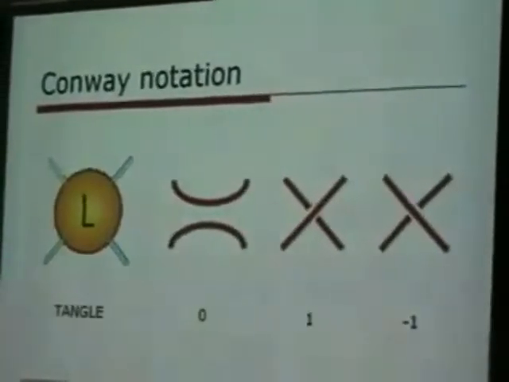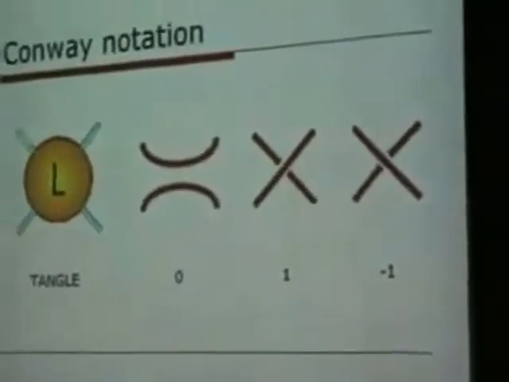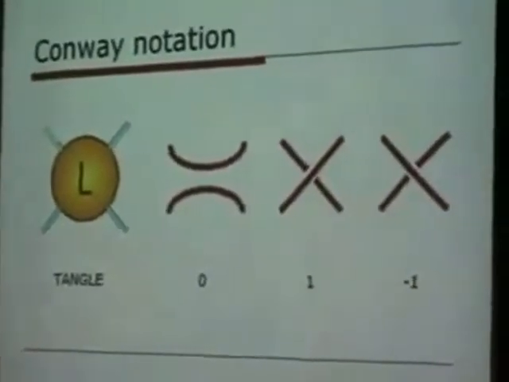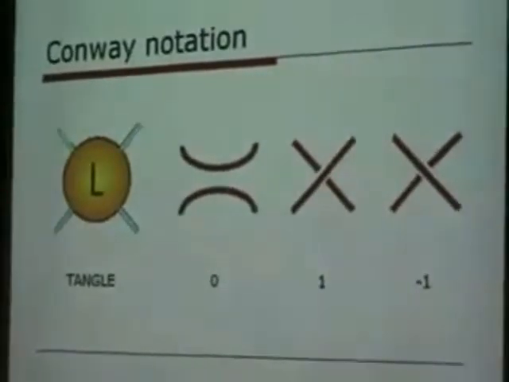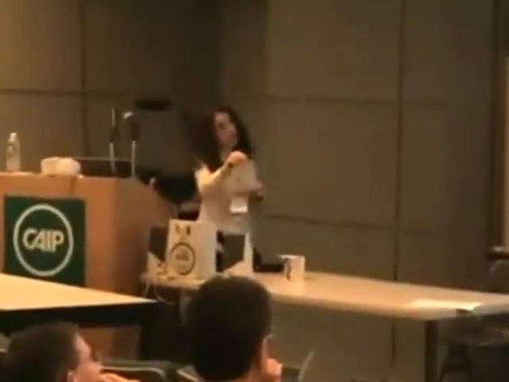In 3 dimensions it's a sphere, here it's a disk, which has 4 arms, or 4 connections. Then you can put whatever you want in here; all that matters is that it has 4 arms. For example, you can imagine putting something denoted by 0, just like this, or one of the crosses, positive or negative.